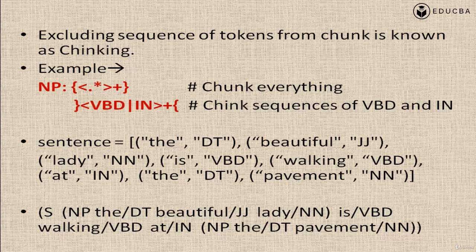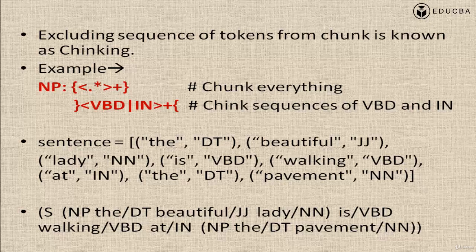Next we have NP, which is for noun phrase. The beautiful lady is a complete noun phrase, so we use NP and brackets. Similarly, we have is walking at. This part is not coming in the noun phrase, so it is not inside the bracket. Then we have again the pavement, which is again a noun phrase.